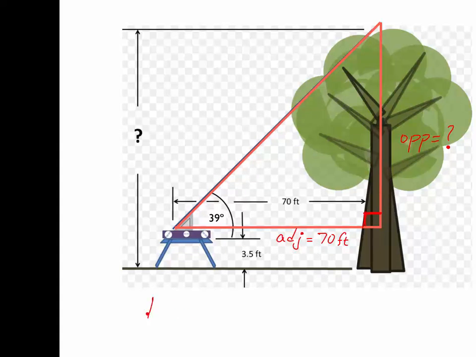So the tangent of 39 degrees is going to equal x over 70. Let's start by finding the tangent of 39 degrees and seeing if that number makes sense in the situation. We're calling the opposite side x, that's fine. What is the tangent of 39 degrees? Let's use our knowledge of tangent to do a mental check. What do you get?